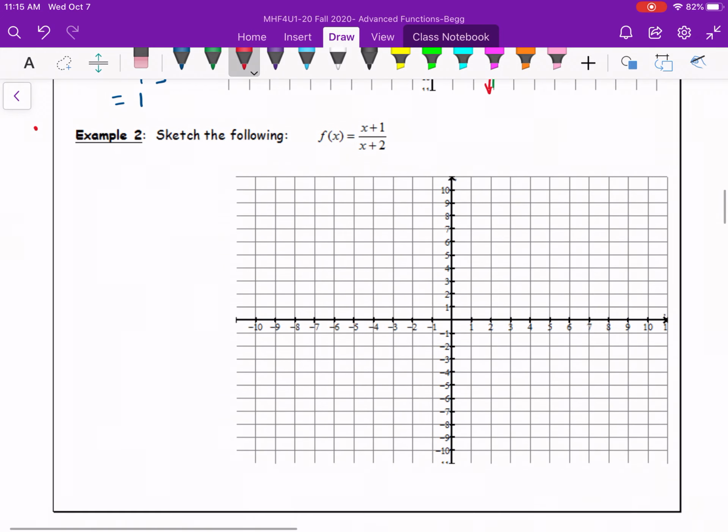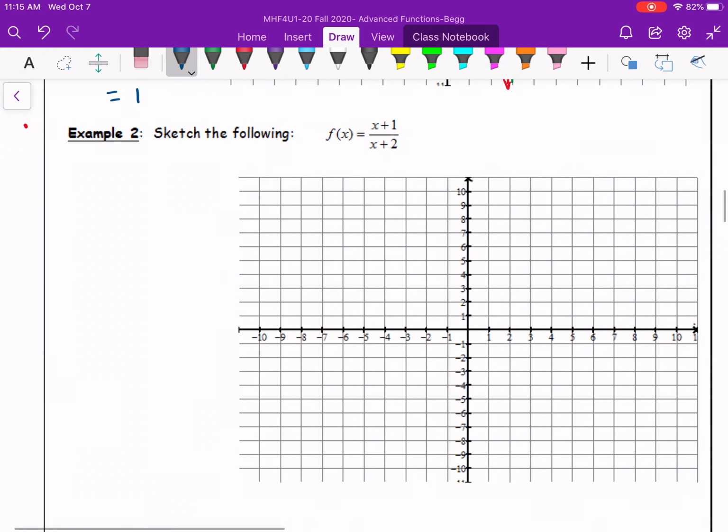So let's do the next one, x plus 1 over x plus 2. Okay? Well, definitely not a hole in this case because nothing's canceling out. Vertical asymptote, yeah, that's going to happen where the denominator equals 0. And so that's going to be when x equals negative 2. Horizontal asymptote occurs. Now remember, this is a case where we've got a degree 1 polynomial on top, a degree 1 on the bottom.